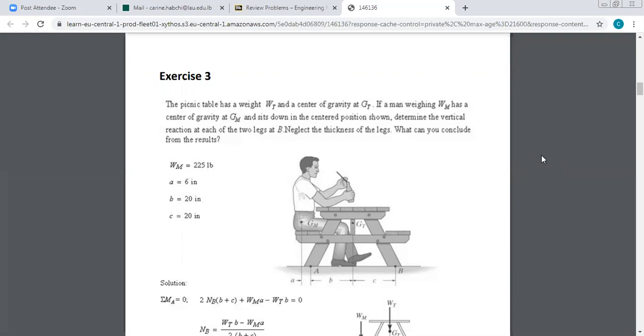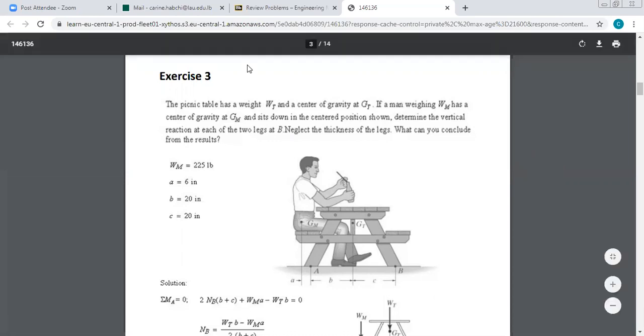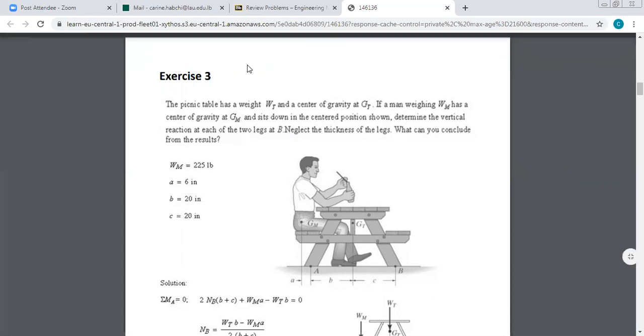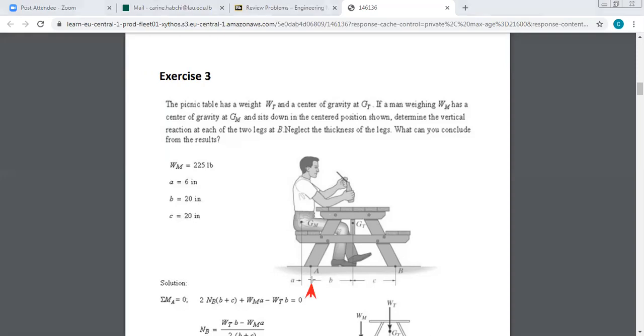What can you conclude from your results? So here we have a certain person sitting on a table, and we want to compute the resulting reaction at the legs. So we have 2 legs at A and 2 legs at B.